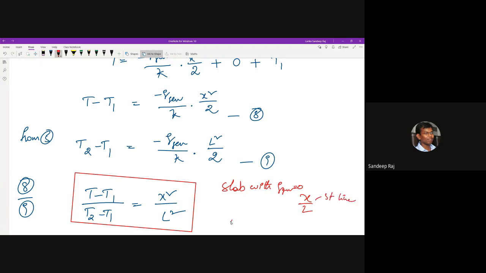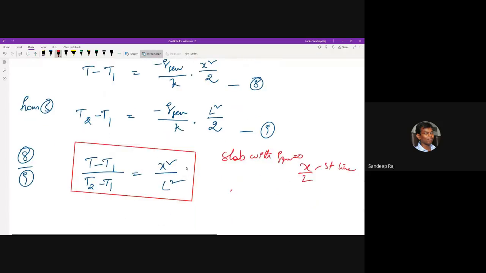For a slab with Qgen not equal to 0, it is x square by L square, meaning parabolic variation. Okay. I hope it's clear.